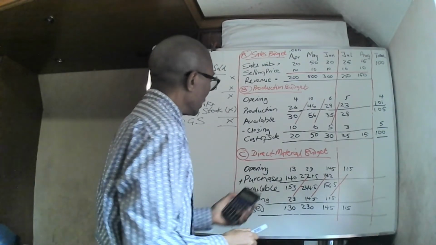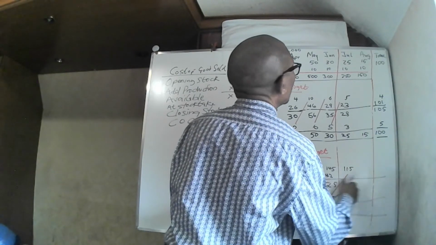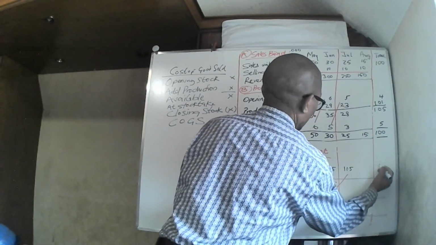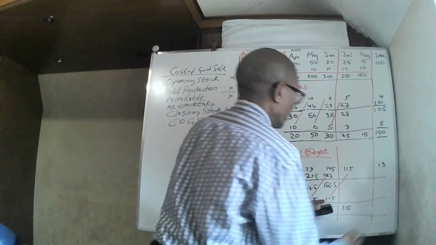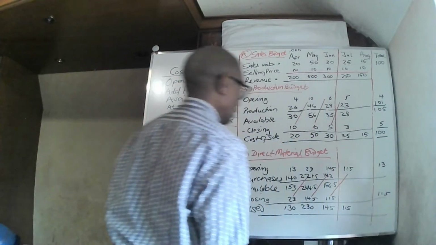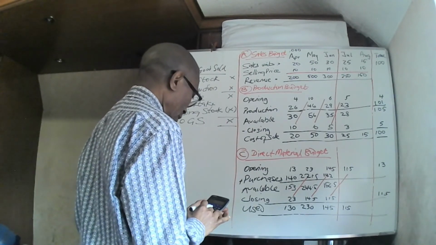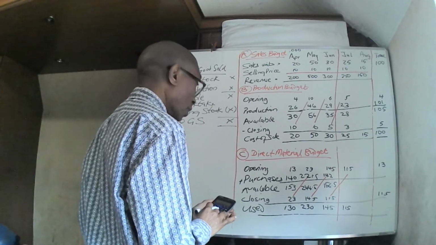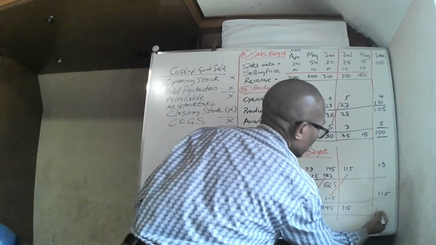Now let's look at the direct material. Our opening again will be the same as starting. Our closing will be 11.5. Okay. Use will be all this total: 130 plus 230 plus 145, 505.